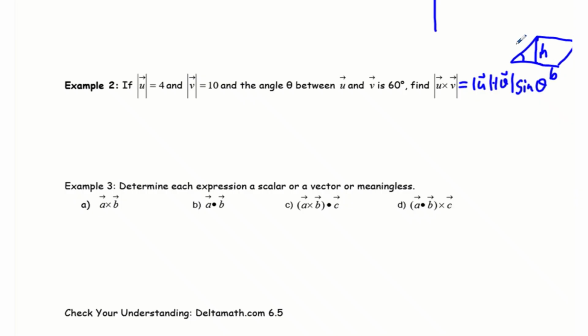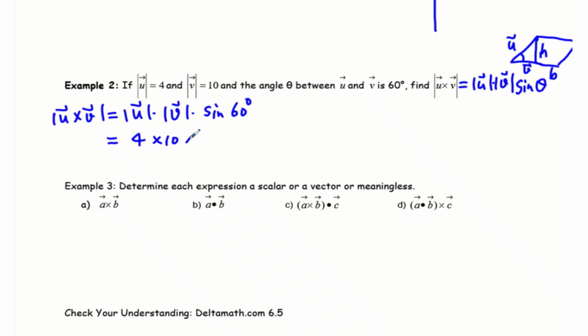Okay. So we have u, we have v, then the magnitude of u cross v equals u magnitude times v magnitude times sine of the angle, 60 degrees, because it's a height. 4 times 10 times sine 60. Then use your calculator to find out.